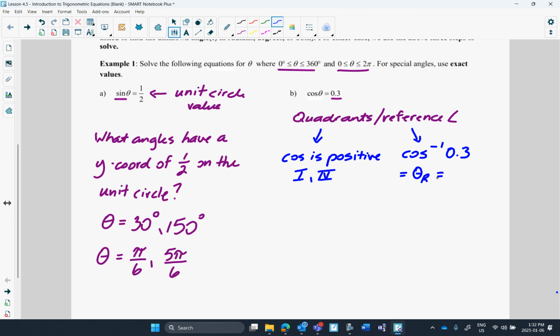Let's go 3 decimal places. Get used to that. So inverse cos of 0.3 is 72.542 degrees.